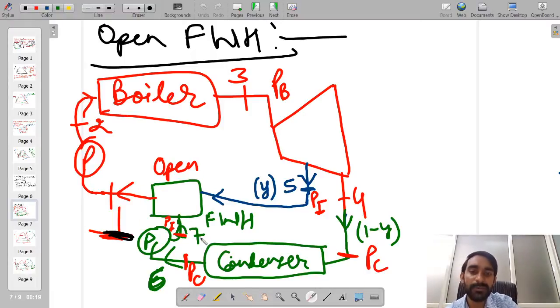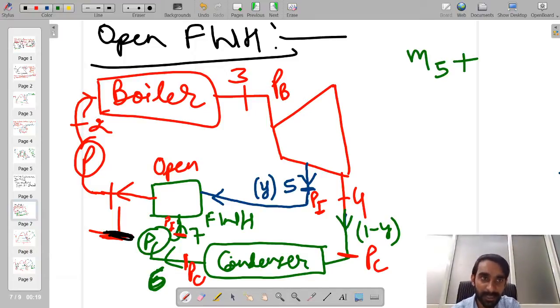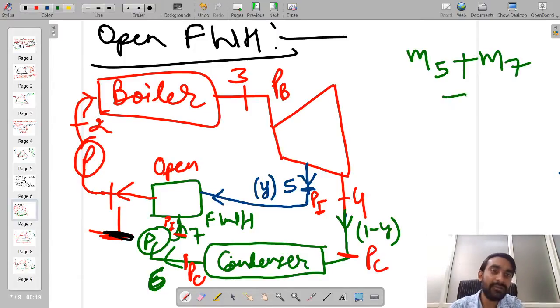So let us consider first what is happening inside the feed water heater. Mass is entering at point number 5 plus some mass is entering at point number 7, and both are mixing to give us the final mass as nothing but m1.